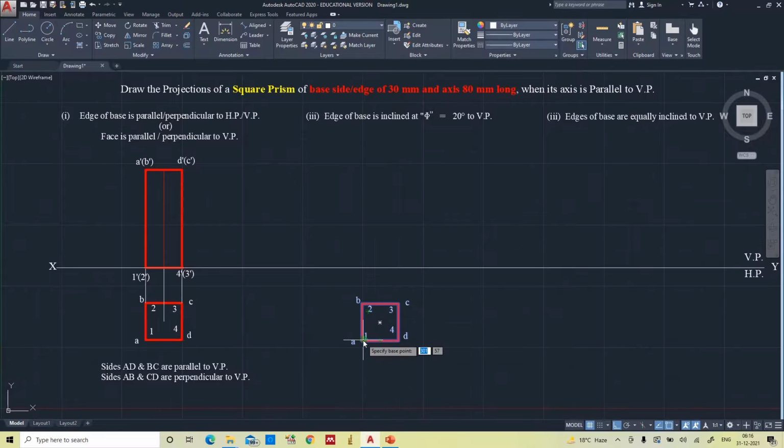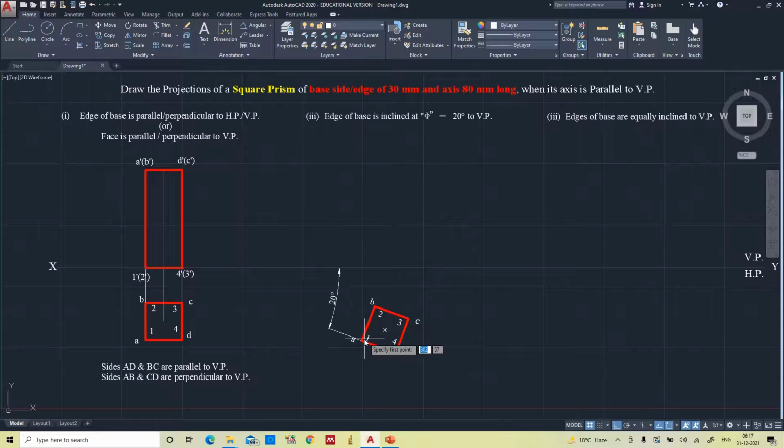So now I am taking A, minus 20 because I am going to treat in the clockwise direction, minus 20. See, angular, because I chose the point A, which is the hinge point. Perfect, 20 degrees to vertical plane.